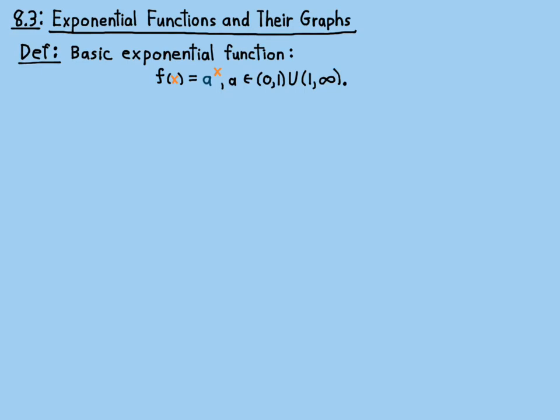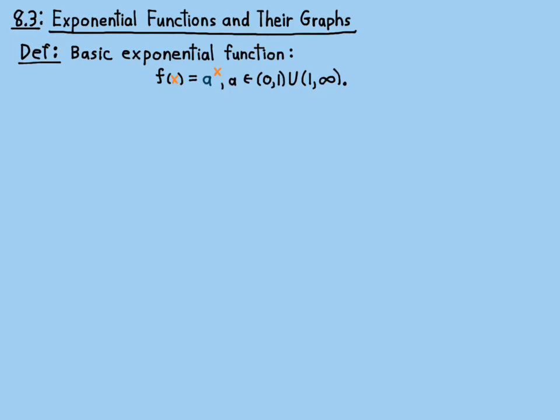Exponential functions have certain properties that they share that aren't shared by a horizontal line or any other line. So that's why a has to be larger than 0. A can't be 1, because if a were 1, you'd have 1 to the x, and that would be 1, which is a horizontal line, y equals 1, and we don't want horizontal lines. But it can be any other real number.